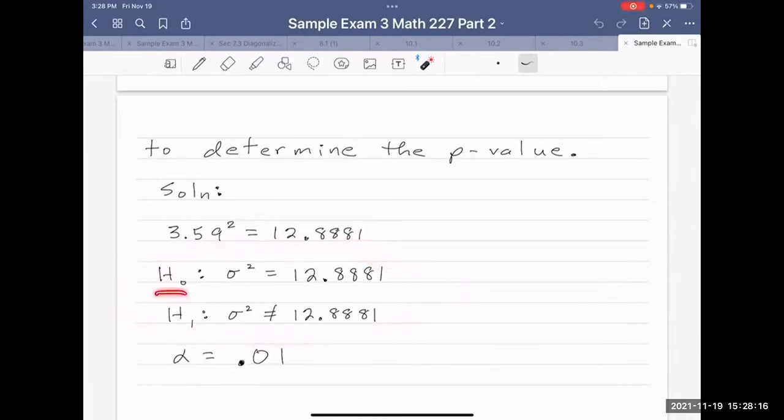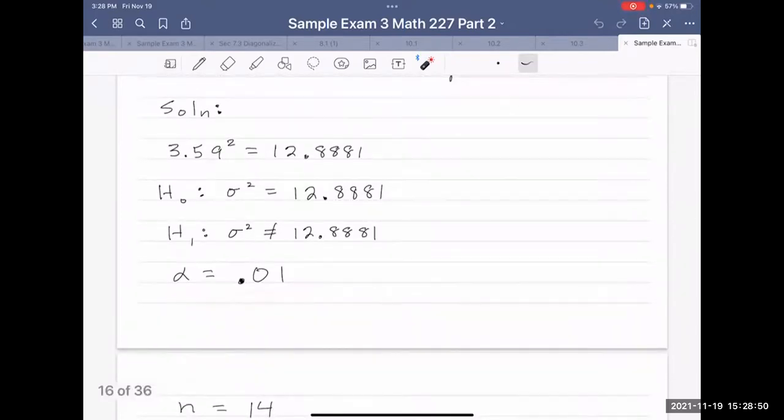So it's saying that they want the standard deviation to be different than 3.59. So the alternative hypothesis is that the population variance is not equal to 12.8881. And looking at its complement, the null hypothesis is that sigma squared is equal to 12.8881.